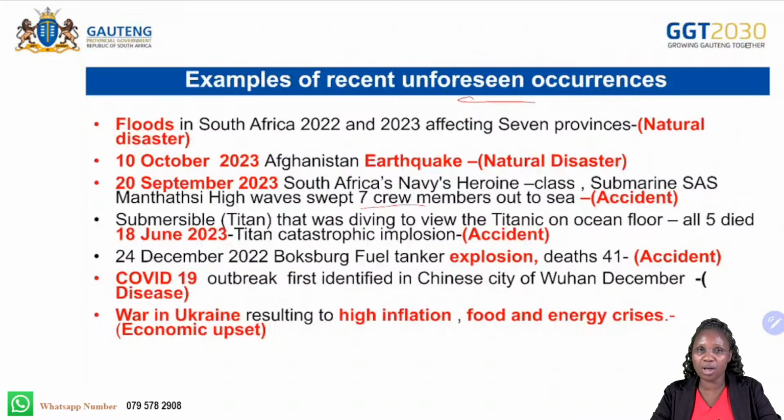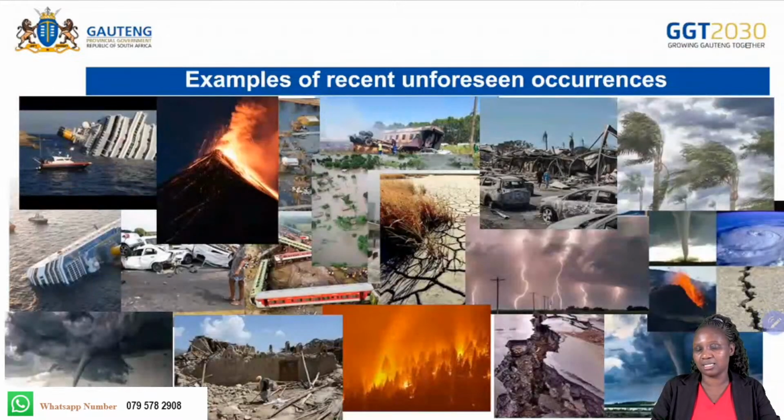And then the war in Ukraine, which is resulting in high inflation, food and energy crisis, that is economic upset. And the war in Gaza, where the Israelis are bombing Gaza because they want their people who were kidnapped by Hamas. Okay, these are the recent ones.